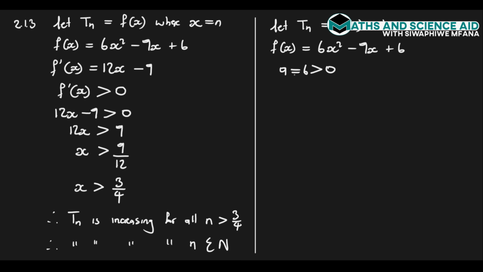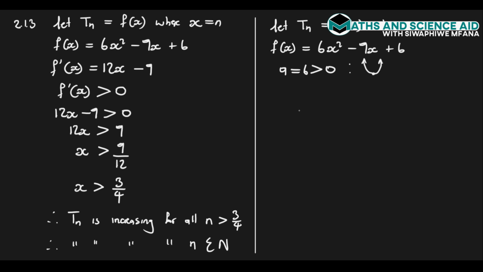So remember that if a is greater than 0, it means that the graph of the quadratic function is concave upwards. All right? So it means that in order for us to know the values at which this graph is increasing, we simply need to know its turning point, because on the right hand side of that turning point, that is exactly where the graph is increasing.